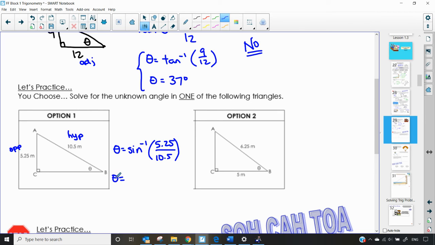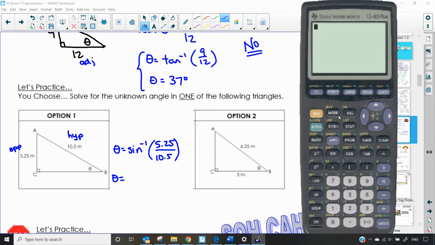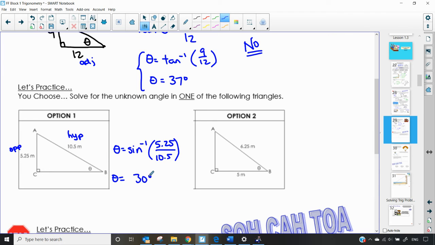And so on our calculator, that would look like second function sine 5.25 divided by 10.5. And that gives us 30 degrees. If you had chosen option B, this would be adjacent and hypotenuse.